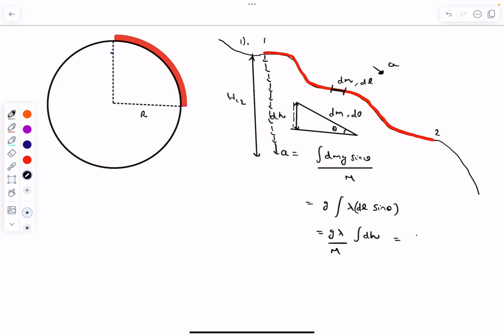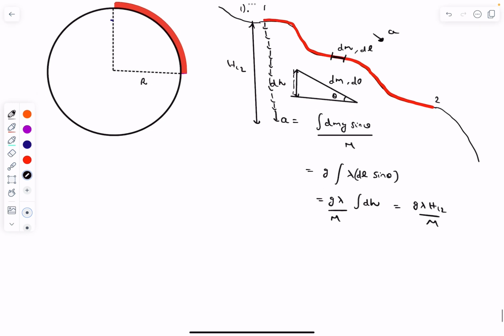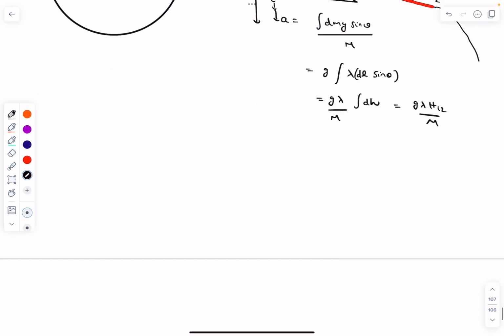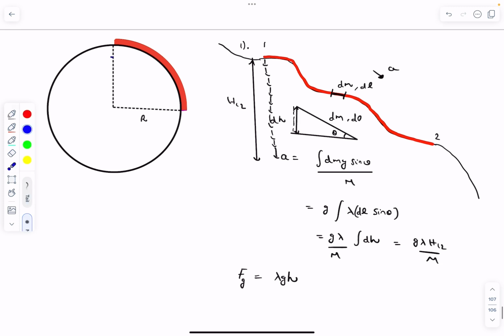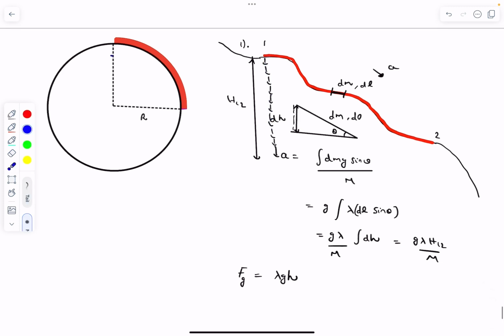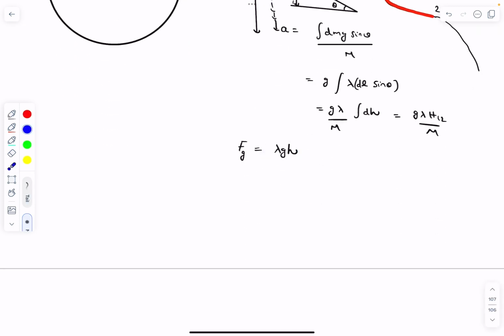So the integral of dh just becomes h12, divided by m. In one line, the final result is that the force of gravity trying to move it along the incline is actually lambda g h, where h is the height difference between 1 and 2. This is the result we're talking about.